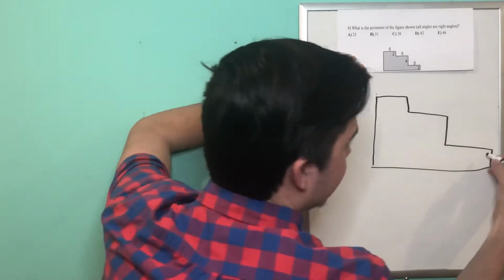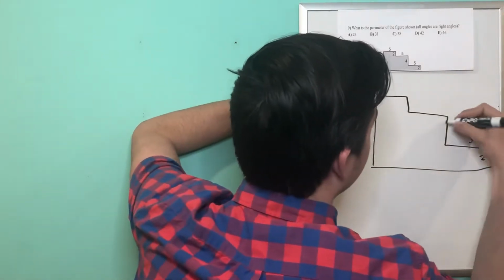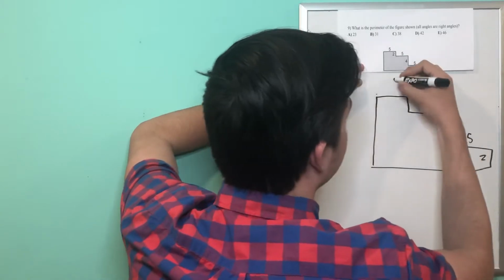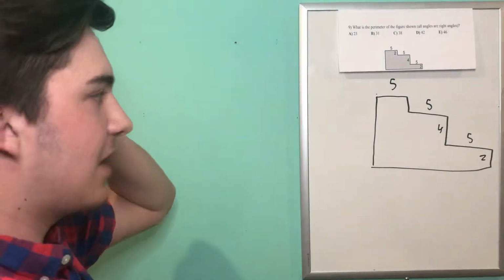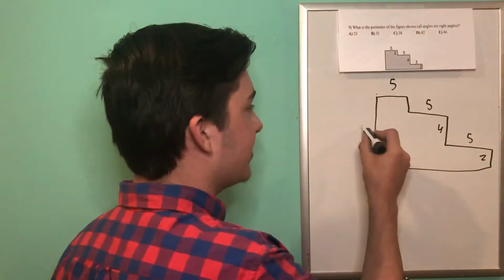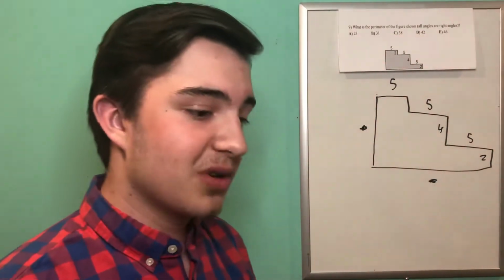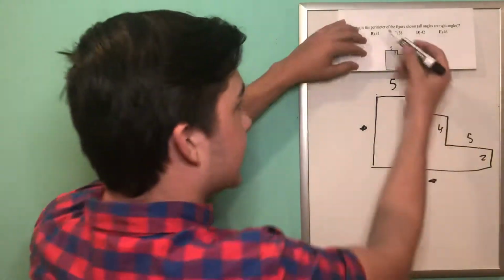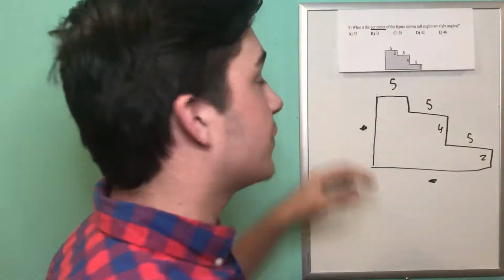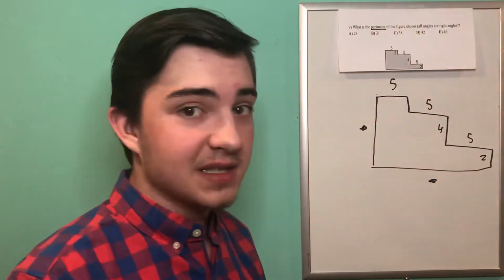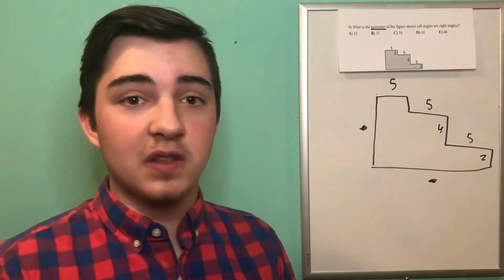All right, so we know this is 2, this is 5, this is 4, this is 5, and this is 5. Now, let's think about this, right? Because we don't know what this side is, and we don't know what this side is. But in order to find the perimeter, we need those. Because what is the perimeter? For you guys that don't know, perimeter is the sum of all the sides.